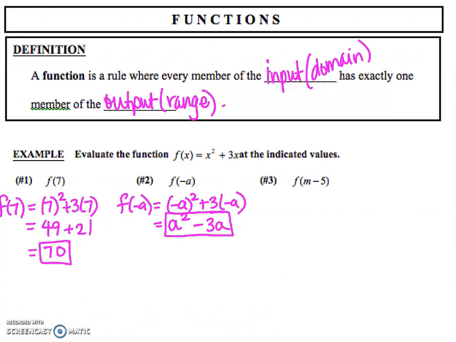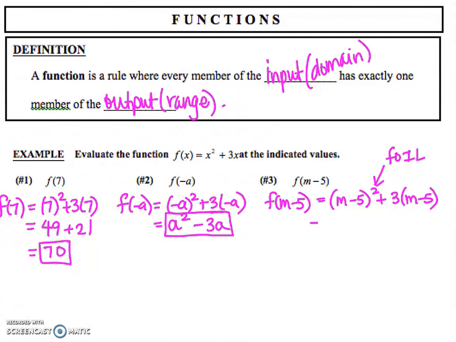Example number 3, f of m minus 5 is going to be equal to the quantity m minus 5 squared plus 3 times the quantity m minus 5. Now be careful here. That squared means we have to do a FOIL. That's not a sprinkle, remember. Think of the poster on my classroom wall. You can't sprinkle over a sum or a difference.